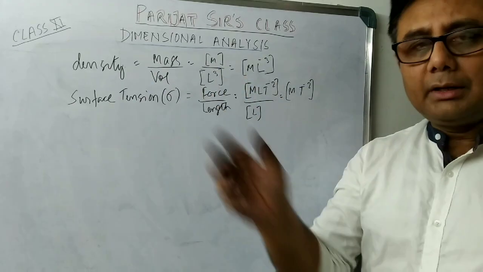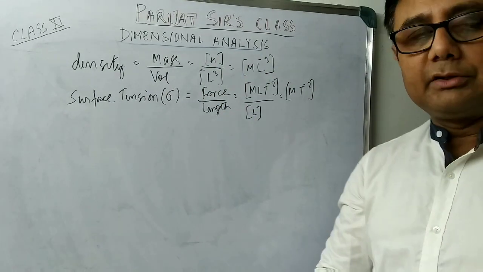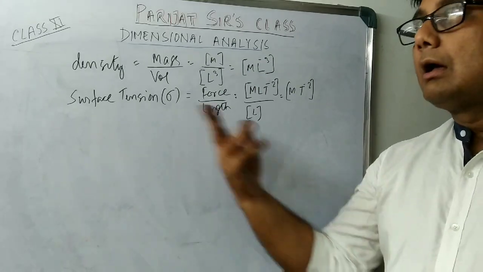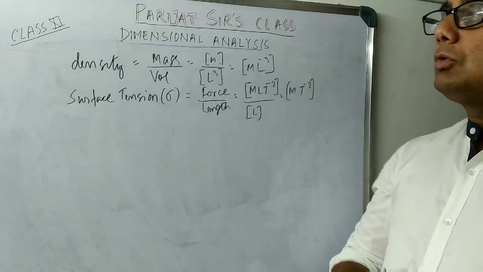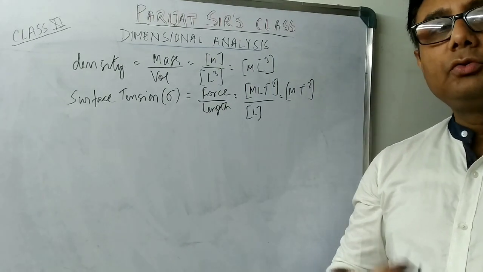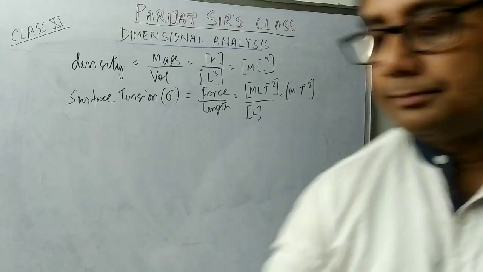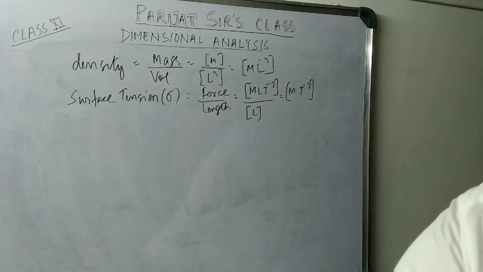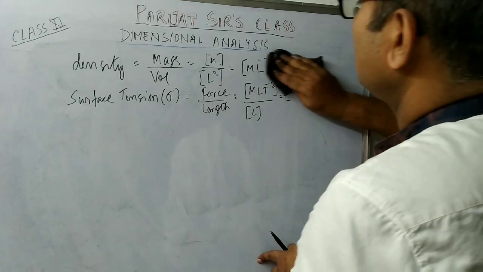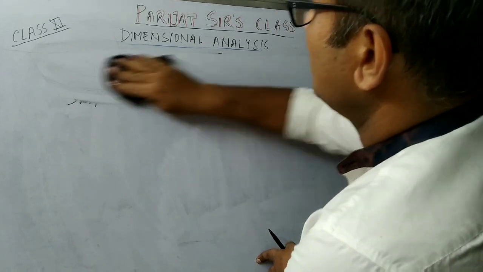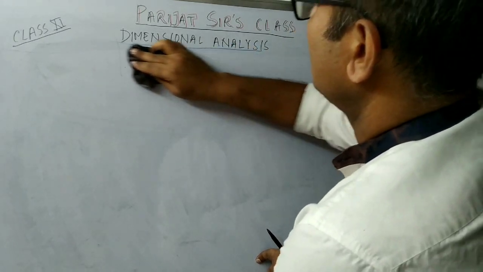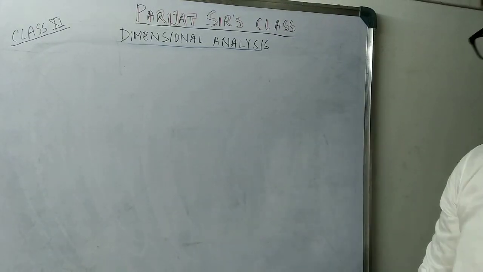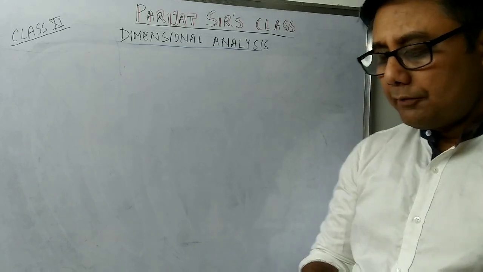As I told you, when we come across any new thing, I will show you the dimensions there only, and apply it in the sum. So let us see another application of how to check an equation using dimensions. Okay, friends.